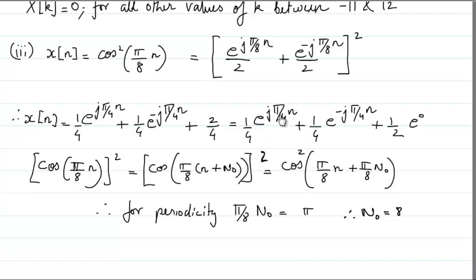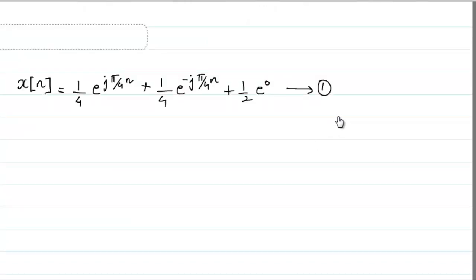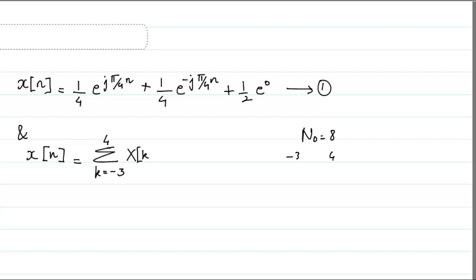I will again write this x of n equation in the next page. So rewriting the equation in the new page, and we know through the DTFS equation, the inverse DTFS, I will have the summation. Now where do I start from? Since n naught is equal to 8, I will start from minus 3 and take it all the way up to 4. So I will write for k equal to minus 3 to 4, x of k e raised to power j k omega naught n.